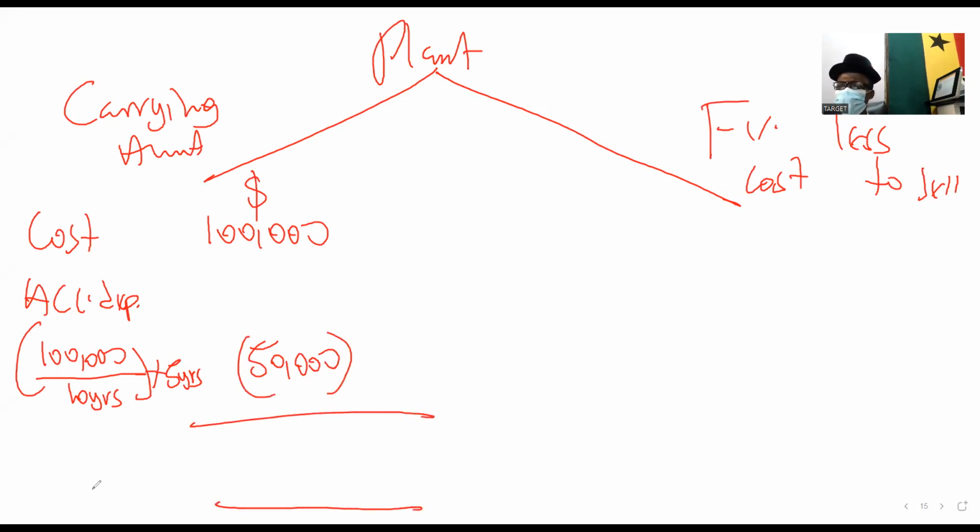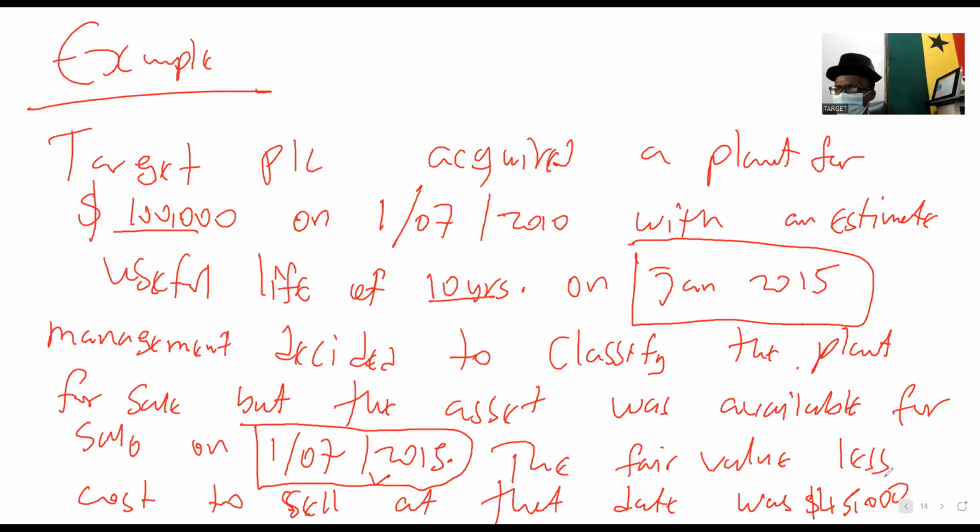So the carrying amount, as at the date of classification, is 50,000. That's the carrying amount of the assets, 50,000. And the examiner told us that the fair value less cost to sell at that date will be 45. Please, if you use January, it will be 4 years and 6 months.